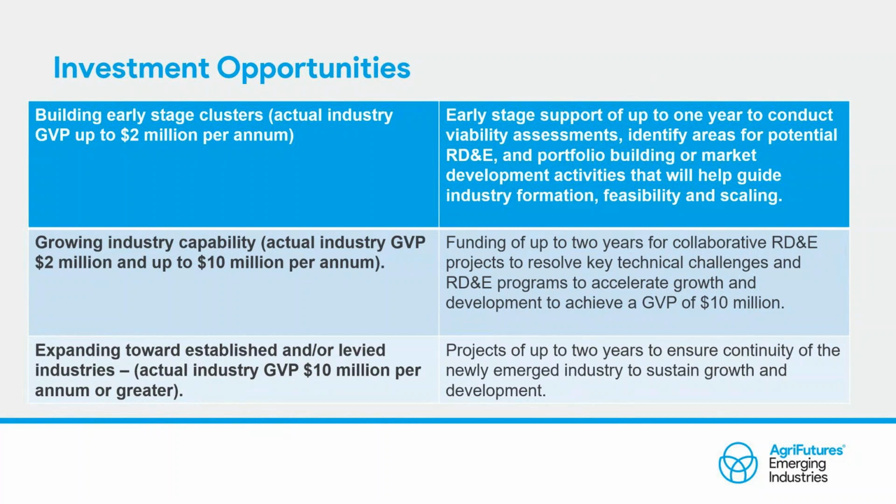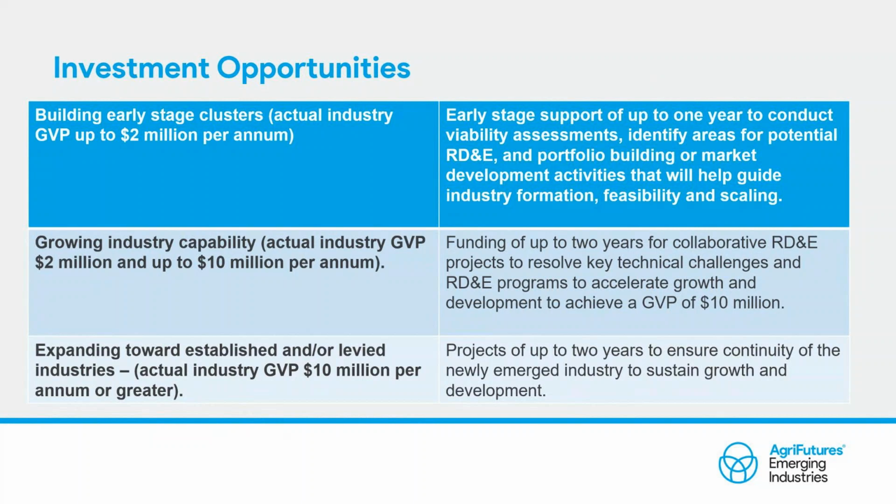We've got under 2 million, between 2 and 10 million, and then over 10 million. It's going to be really important because it influences the availability of funding and what we require in terms of match funding as well.